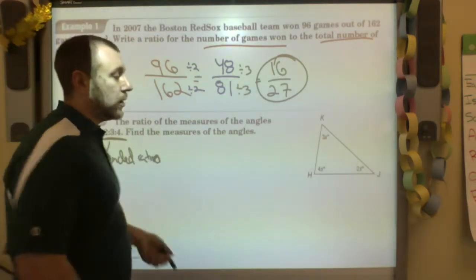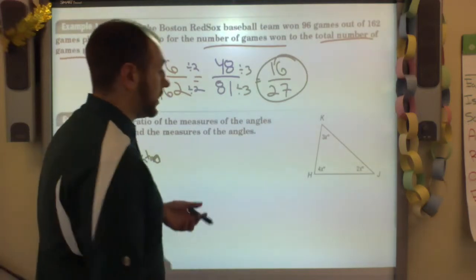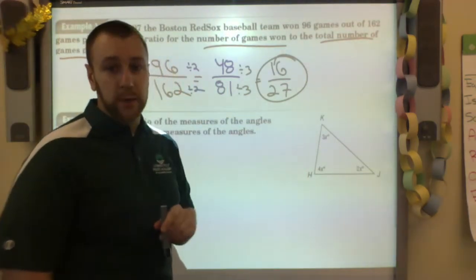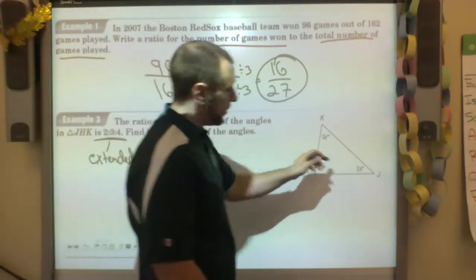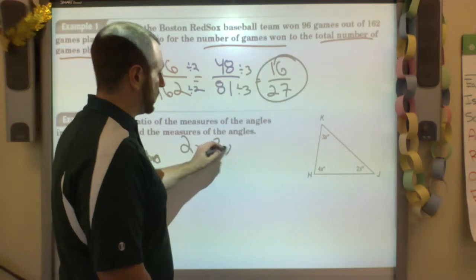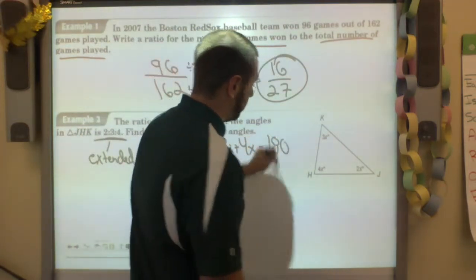So how do I set that up? The first thing I do is remember that the angles of a triangle add up to 180. So I set up an equation: 2x plus 3x plus 4x equals 180.